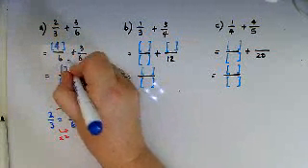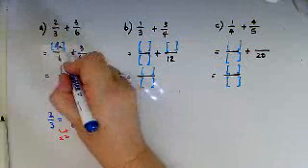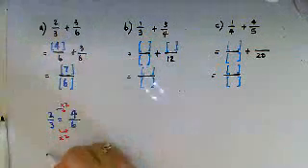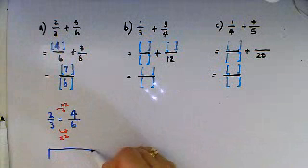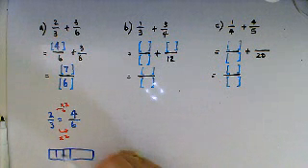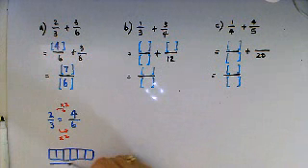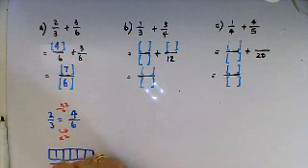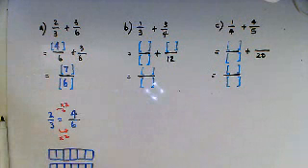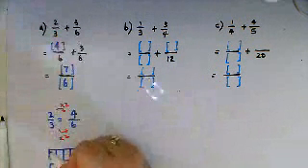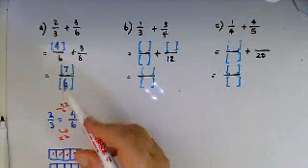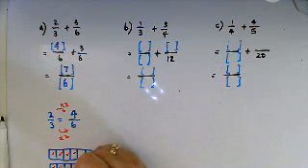I don't add the denominators because these are parts of wholes, so I would have 4/6 and 3/6. So let's just draw that out so you can see it. In the first one, I've got 4/6, 1, 2, 3, 4, and in the other one, I've got 3/6, 1, 2, 3.